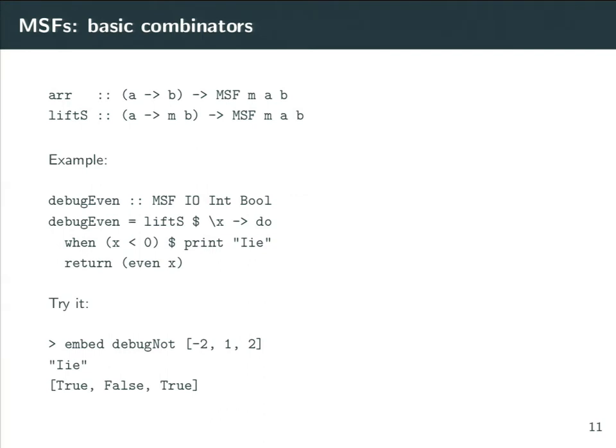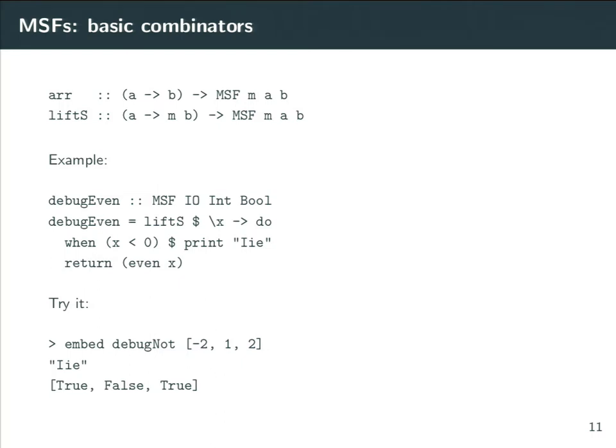Into an arrow. Here we provide a slightly more general version, which is liftS, that allows you to lift a monadic computation into an MSF. Essentially, you take the input here, the x, and you can do whatever with it. This is monadic, in the IO monad, and then you have to return an output.